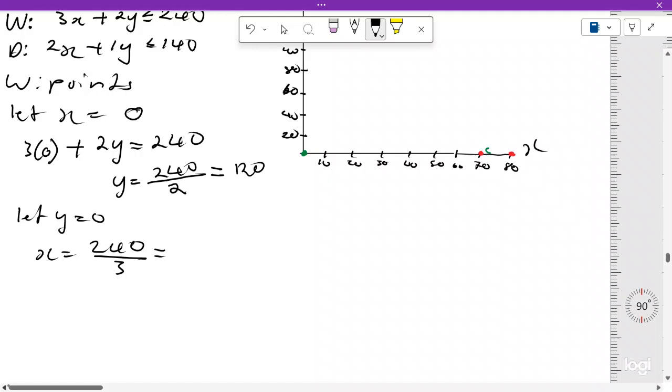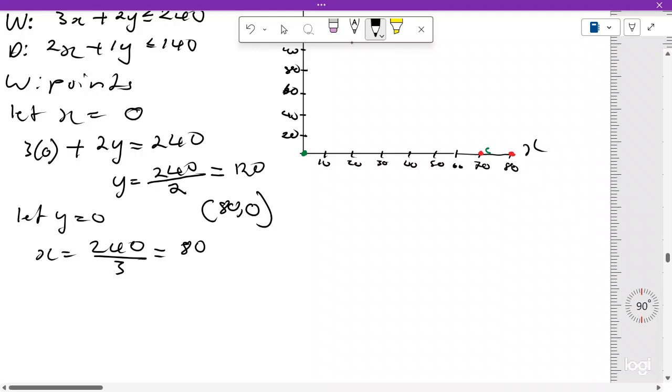240 divided by 3, that is 80. Then, to be safe, rather always write it in this bracket. Okay, this one is 120. The points that you find, you write them like this. x is 80 and y is 0.